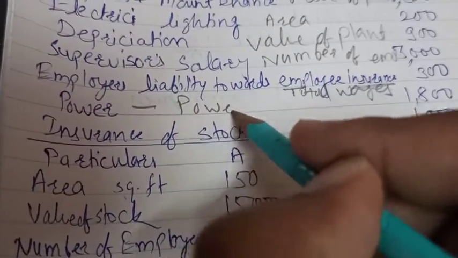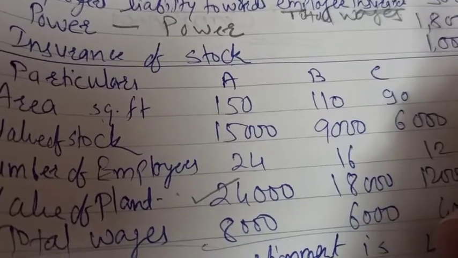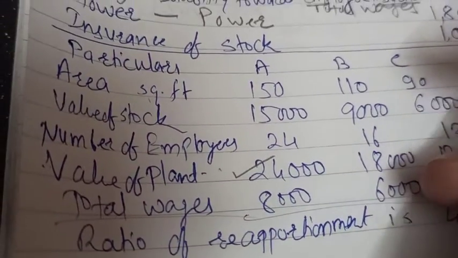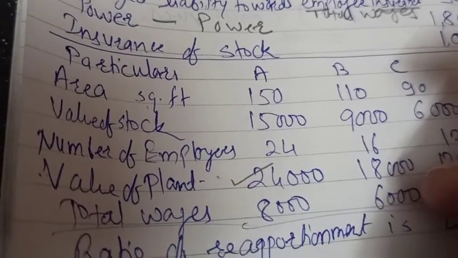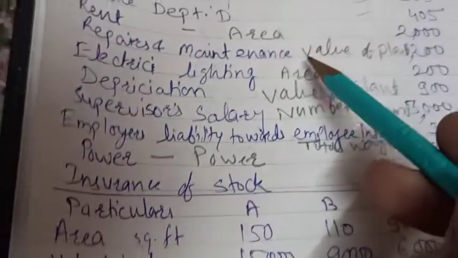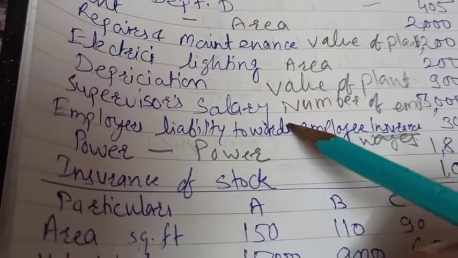The most appropriate basis is horsepower of machines, but here that data is not available, therefore we are going to apply this. So for this illustration I allotted the basis of all overheads.